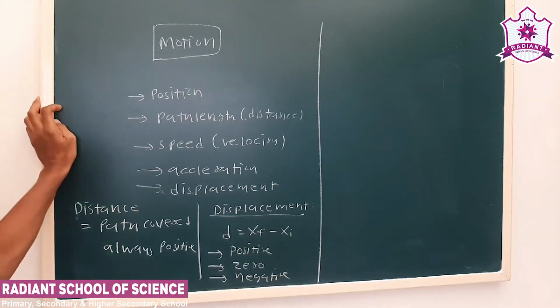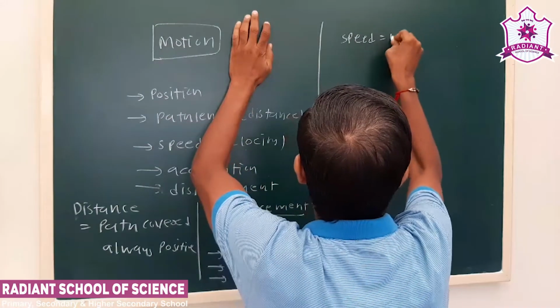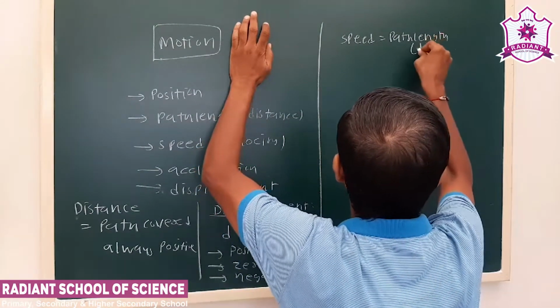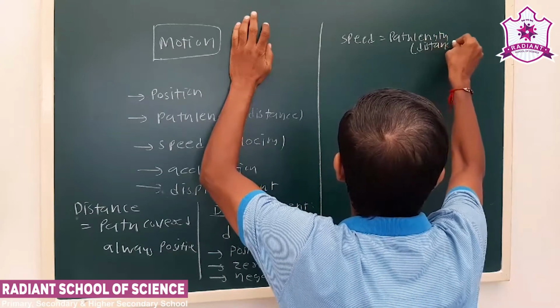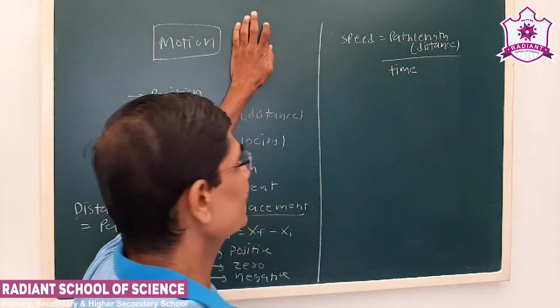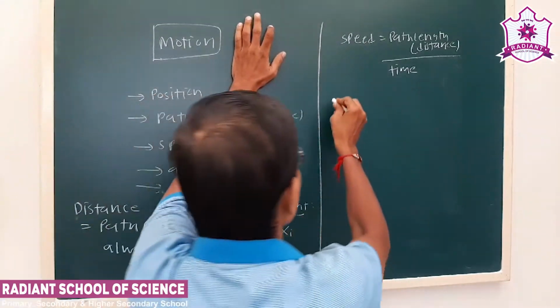Next we talked about speed. Speed is nothing but path length, or distance, upon time.